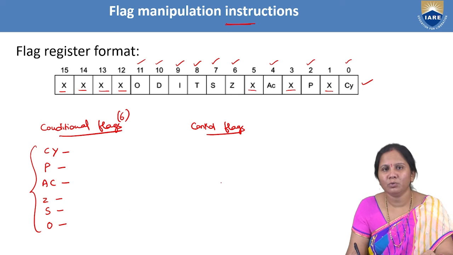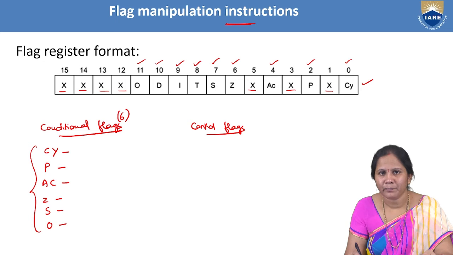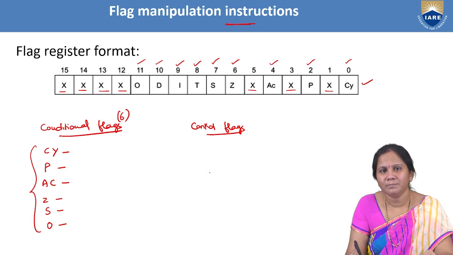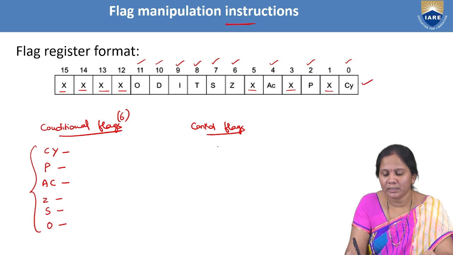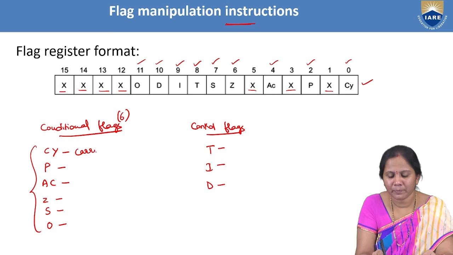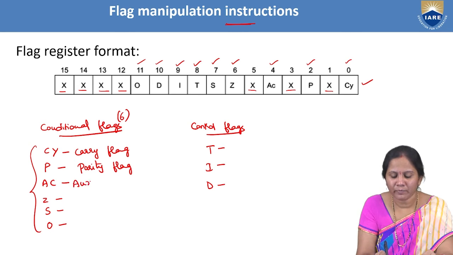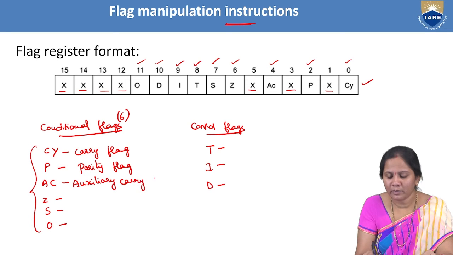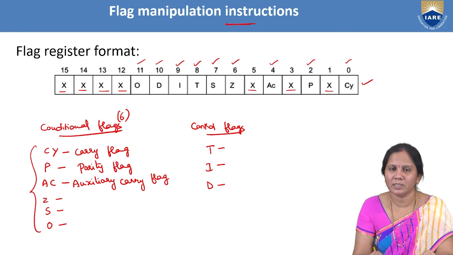Coming to the control flags, there are only 3 control flags: T, I and D. Here CY represents the carry flag, P represents the parity flag, and AC represents the auxiliary carry flag, or simply the auxiliary flag.